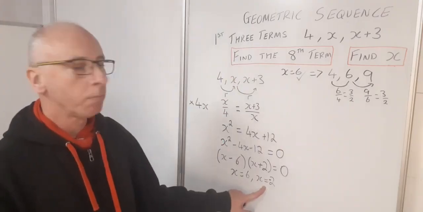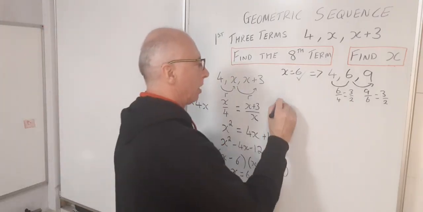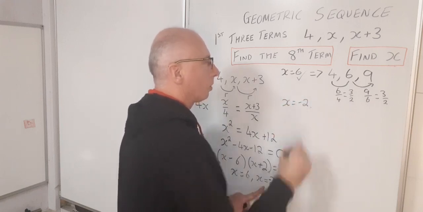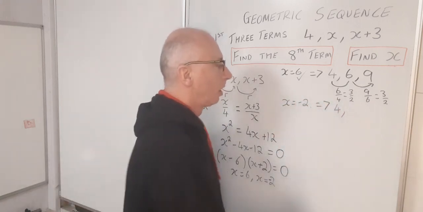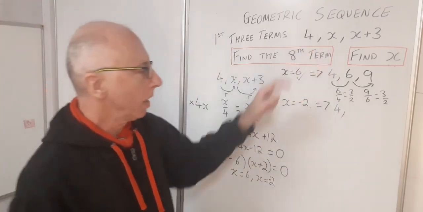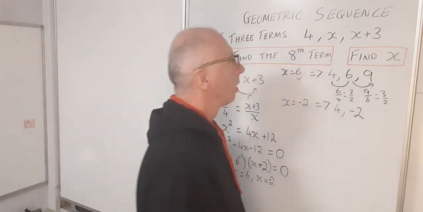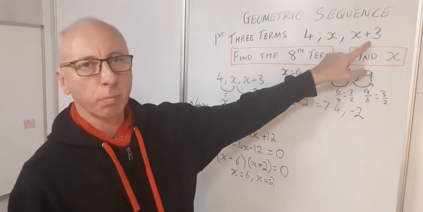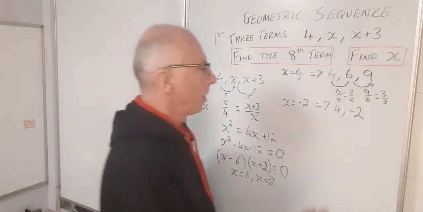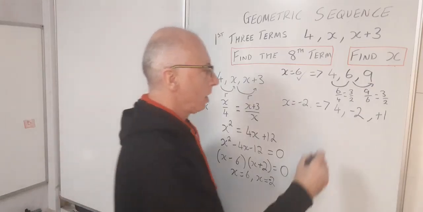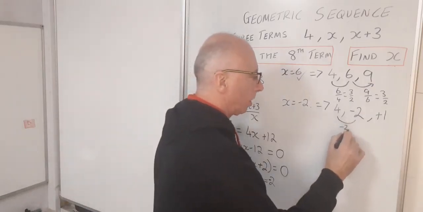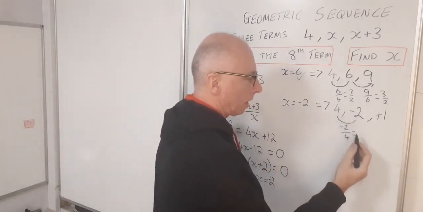What about x equals minus 2? Let's check that one. So now I've got 4, x is minus 2, and then minus 2 plus 3 gives me plus 1. Right, let's see if that works. So now minus 2 divided by 4 gives me minus 1/2.